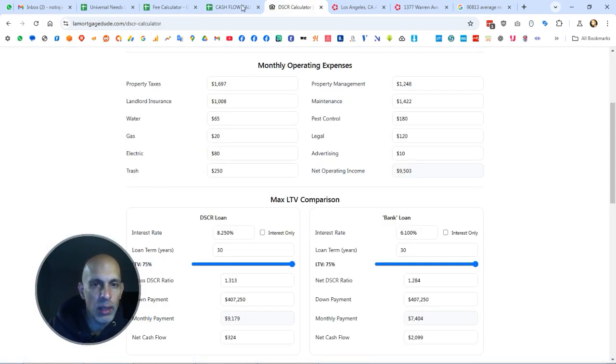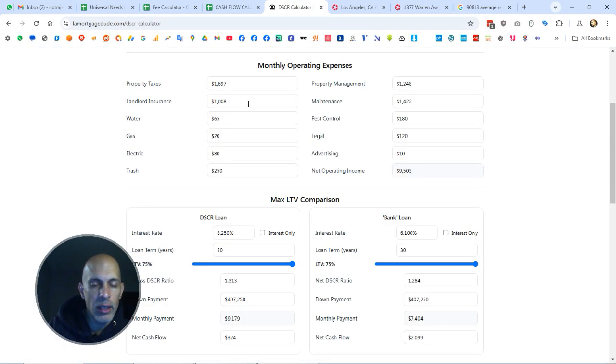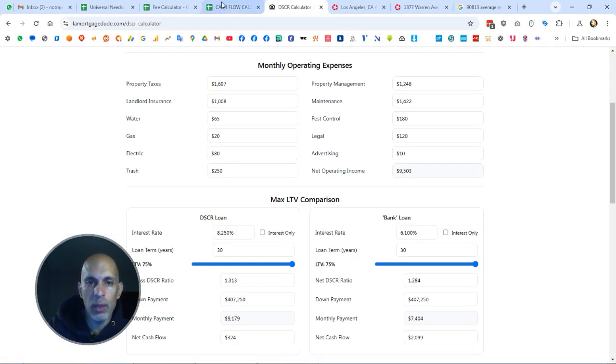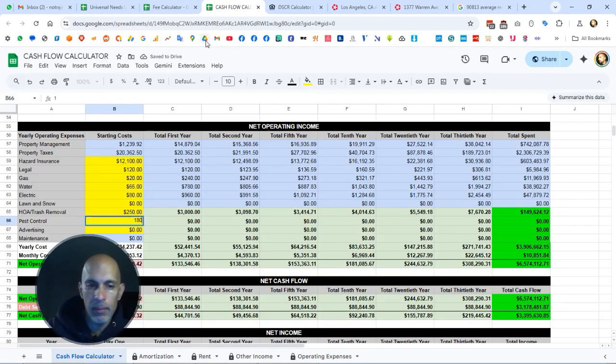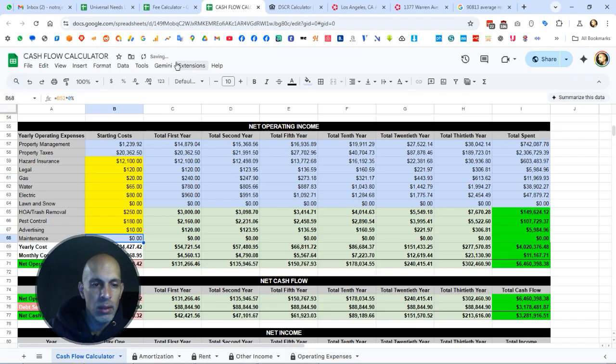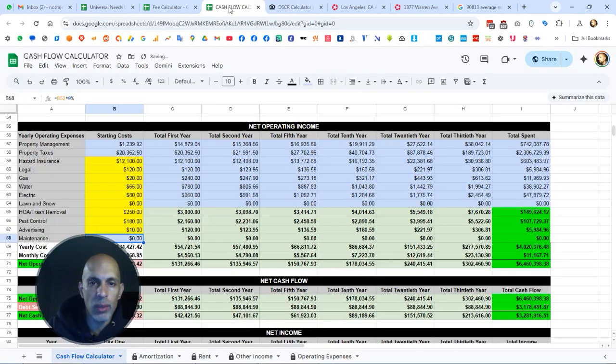Water is 65. Lawn and snow is going to be included in the maintenance. HOA trash removal is $250. Pest control is $180. Advertising is $10. And maintenance I have at 0, but here I have it at 1,422.